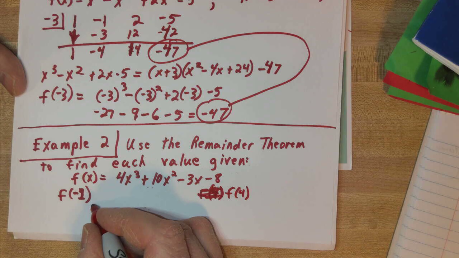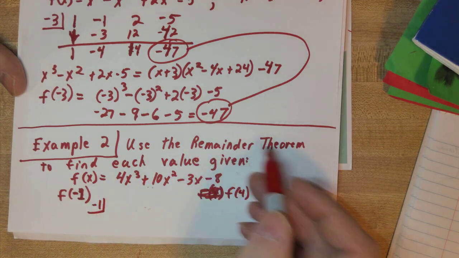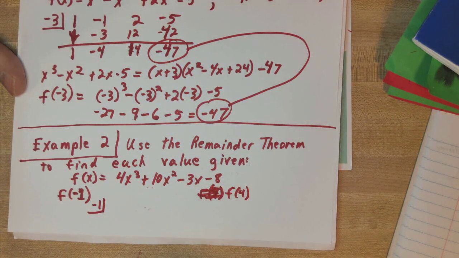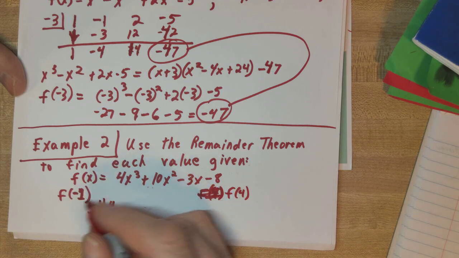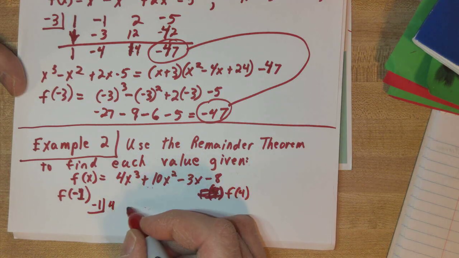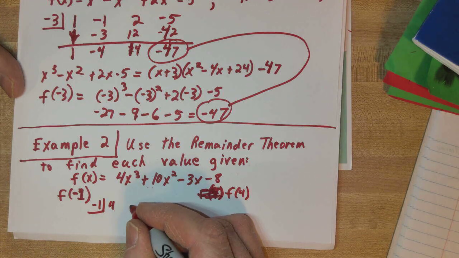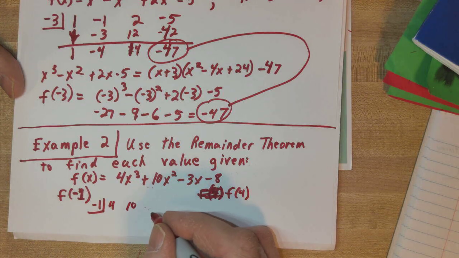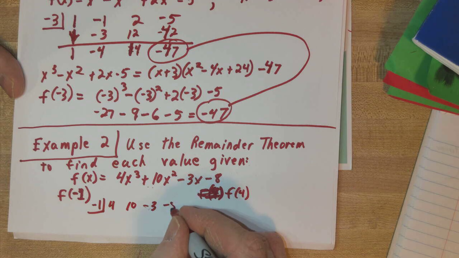When I use synthetic division, I'm using the remainder theorem, so we're going to use the division algorithm to do this. Rather than just plugging in negative 1 into these places and getting the answer, I'm going to use the remainder that we get from synthetic division. 4, 10, negative 3, negative 8.